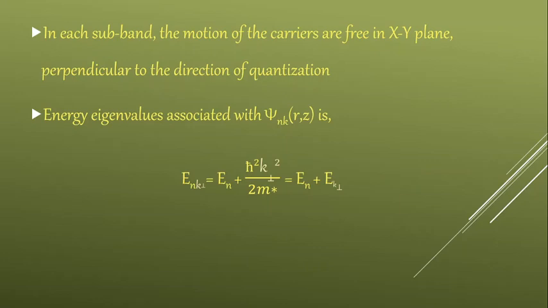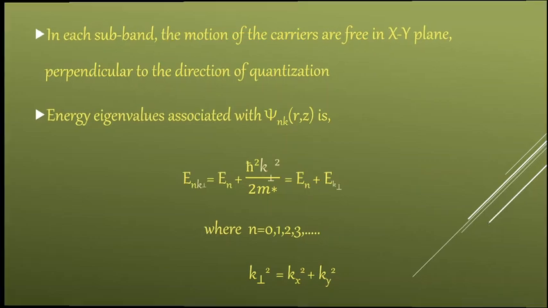Here m star is the effective mass along the xy plane, that is the effective mass of the quasi two-dimensional electron, and k perpendicular square is equal to kx square plus ky square. So we are just representing k perpendicular as the resultant of the wave vector along the xy plane.